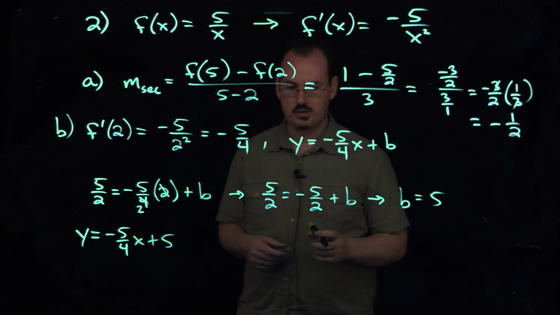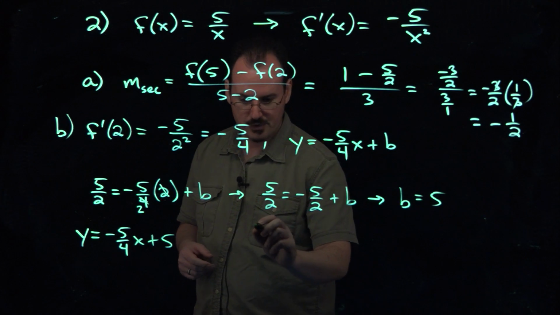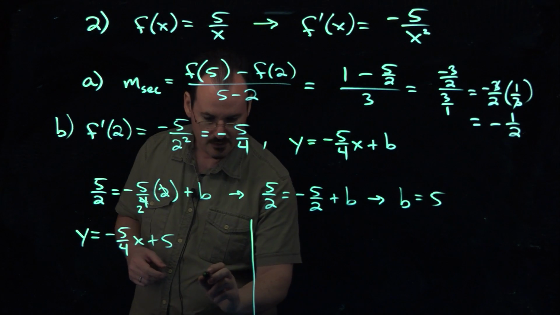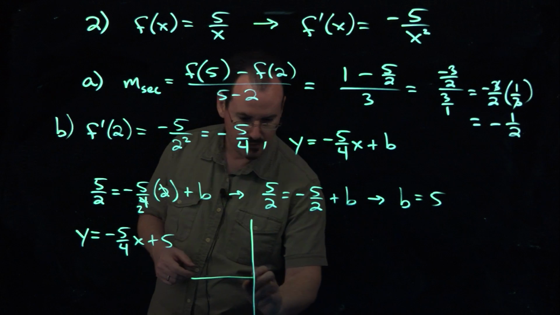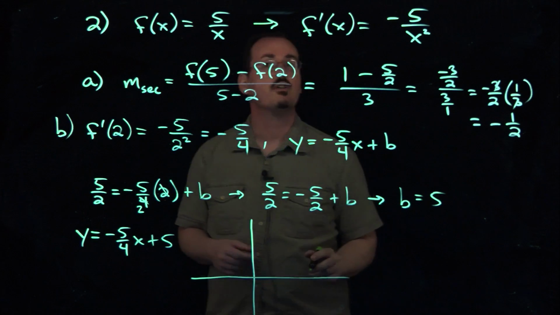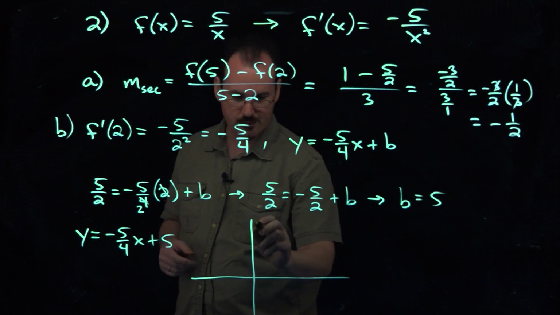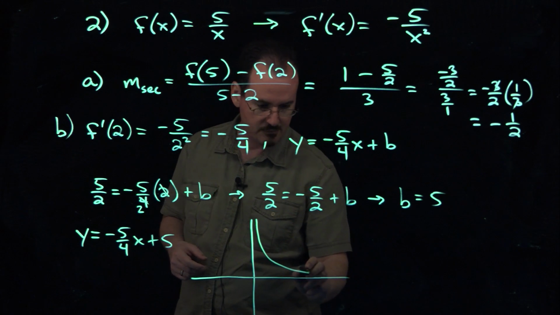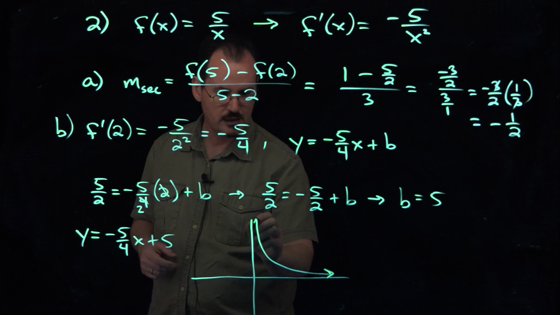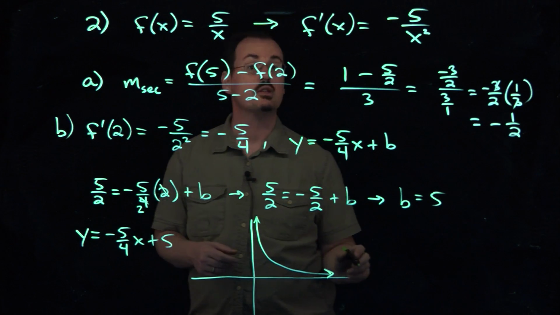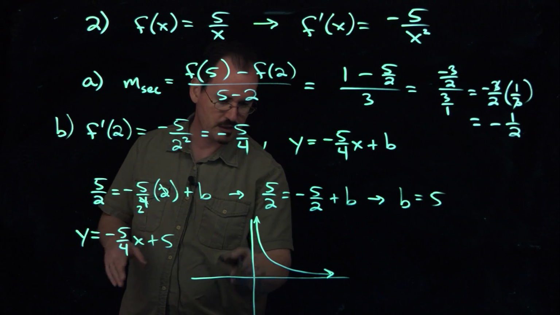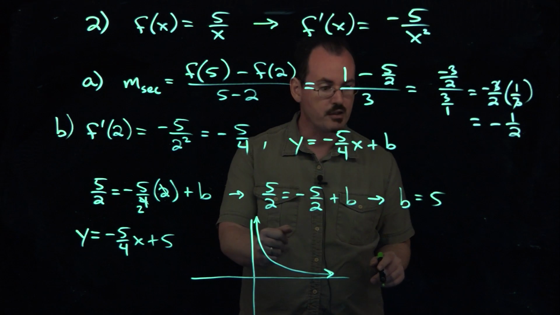Okay, and I said I was going to try to graph this, so maybe I can fit that in here just so we can see what's happening. The function that we started with was 5 over x. I'm not going to be too exact about this, but 5 over x is a function that does this kind of thing. And we're really only concerned with what happens for positive x values. It does this over here, but we're not going to concern ourselves with that part of the graph.